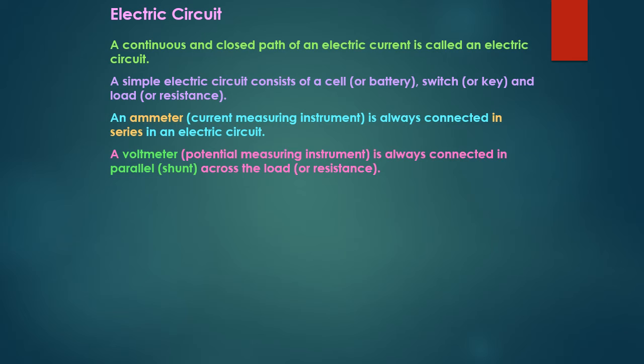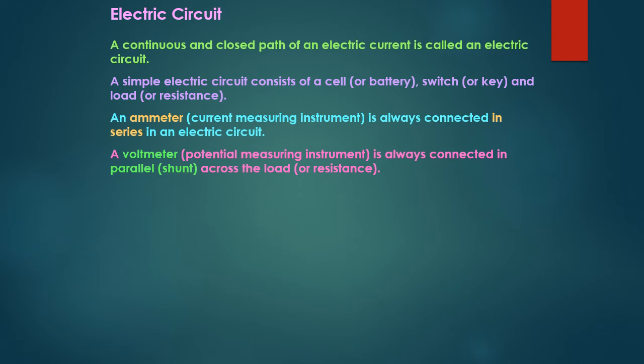In simple words we can say a continuous and closed path of an electric current is called an electric circuit. A simple electric circuit consists of a cell, switch, and load. Load means a resistor or a bulb.